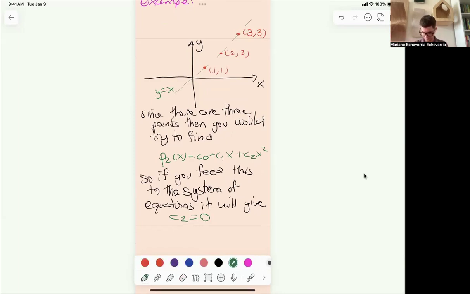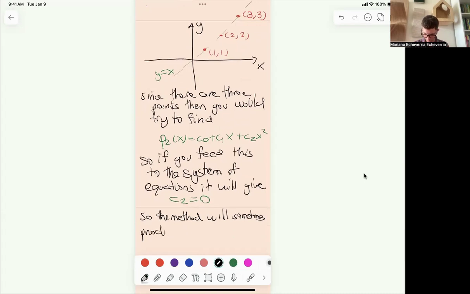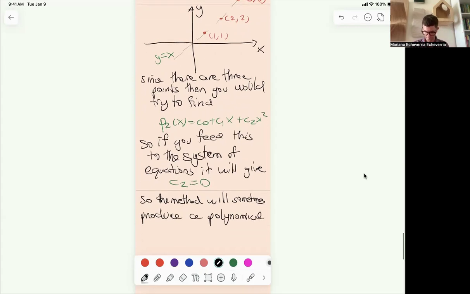Okay. So you can get a polynomial of lower degree than the one you set it up for.